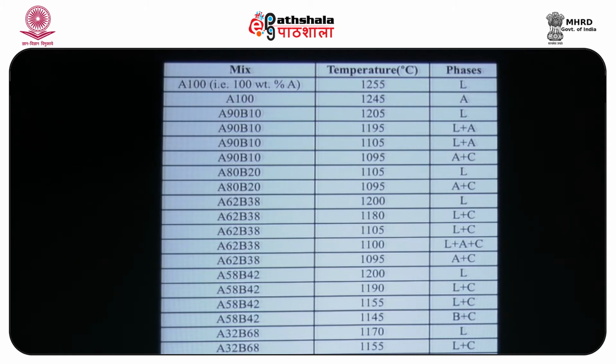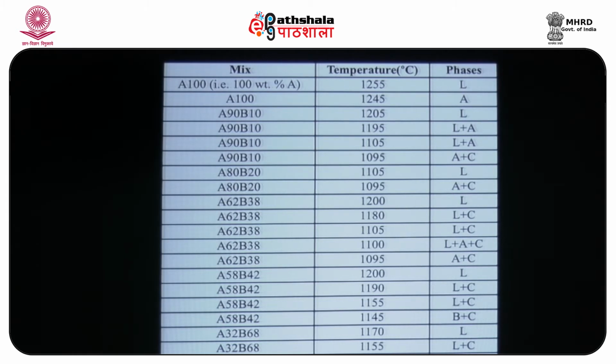Again remember system, phases and components. That should be clear to you by this time, and if it is not, go back and listen to the introductory part of this lecture. Then you have a matrix of the temperature conditions, the mixtures, and the possible phases.